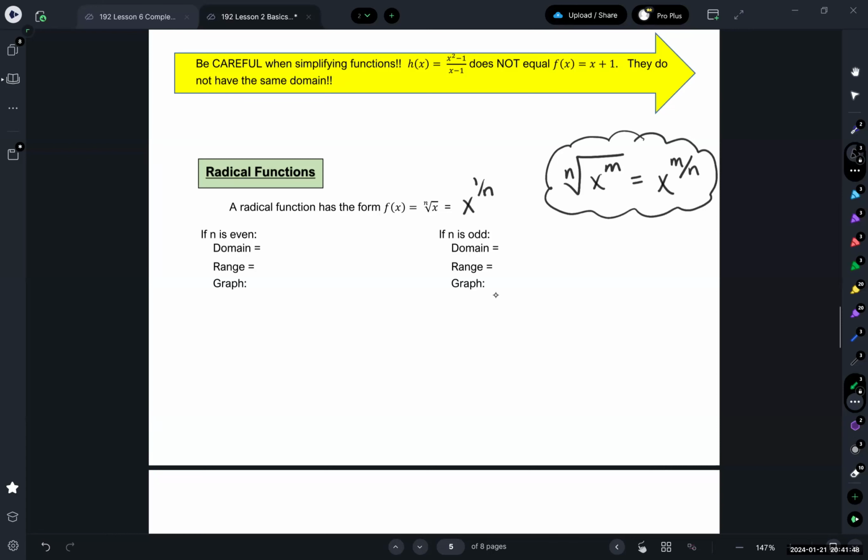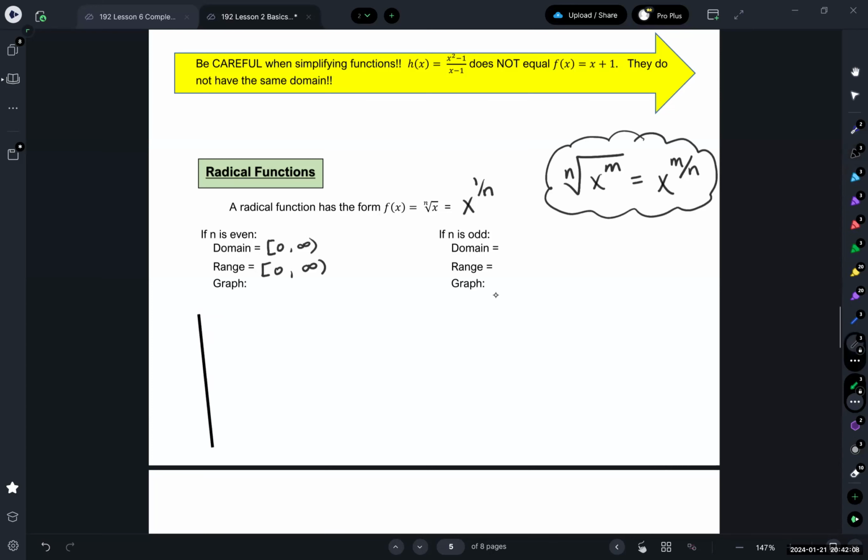And if we're talking about even roots, square root, fourth root, sixth root, right? You can't take even roots of negative numbers. So the domain there would be 0 to infinity. And because of that, you're not going to get out any negative numbers. So your range would also be 0 to infinity.